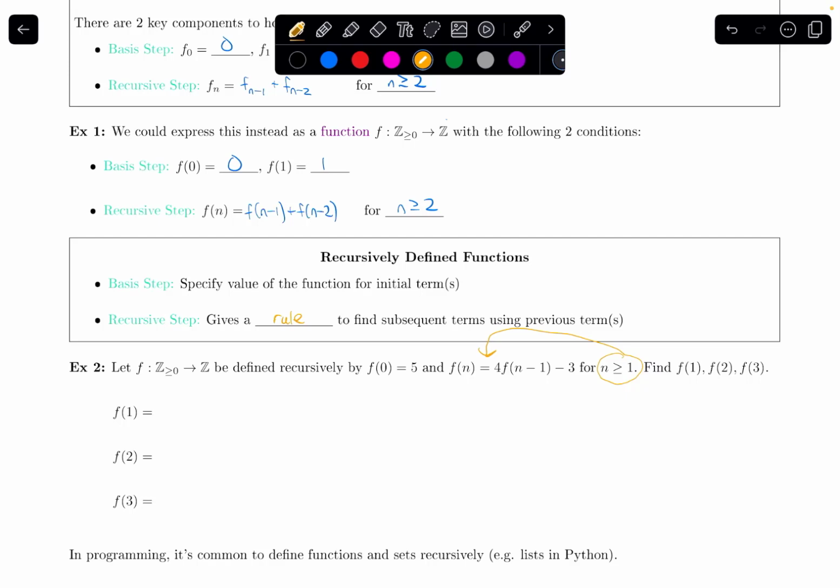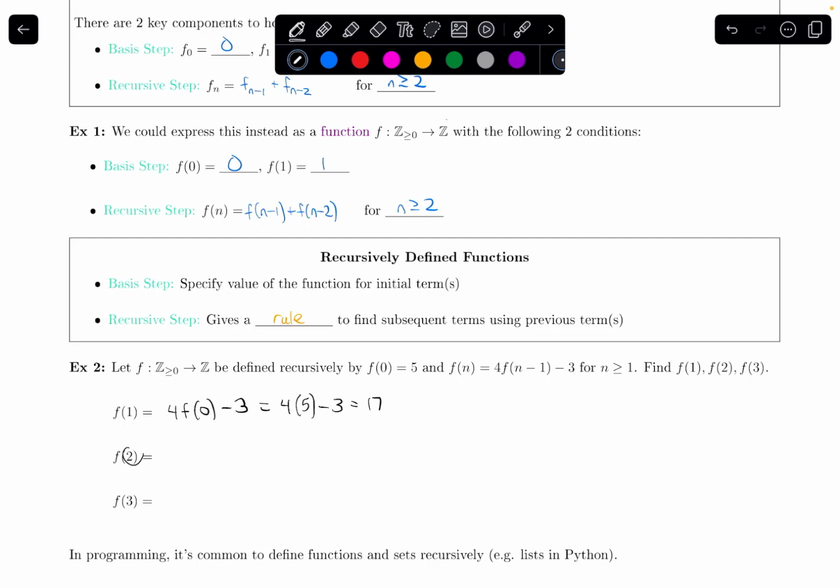So if I do that for f of 1, I'm going to plug in 1 for the n, anywhere I have this. So I'll get 4 times f of 0 minus 3. So this is 4 times f of 0 is 5, and then minus 3. So I get 20 minus 3, which is 17. Cool.